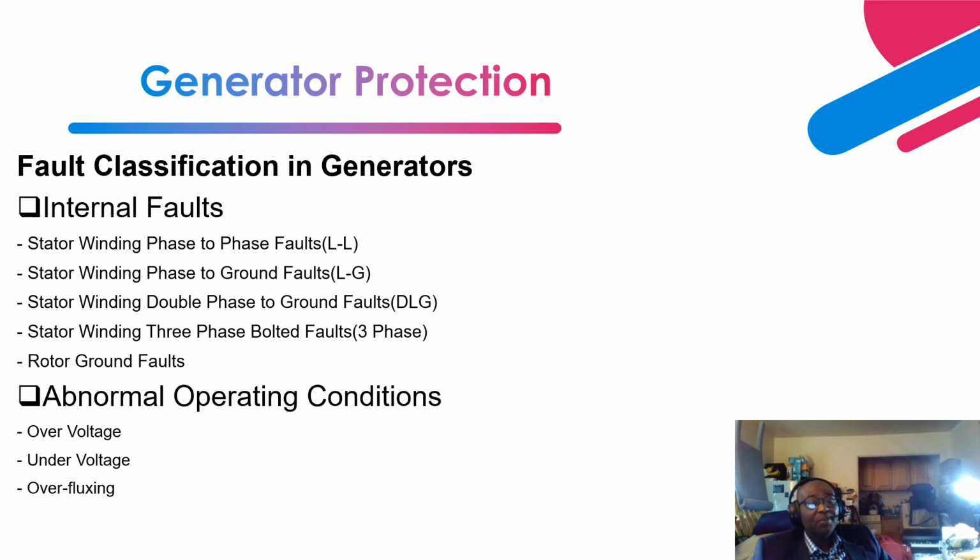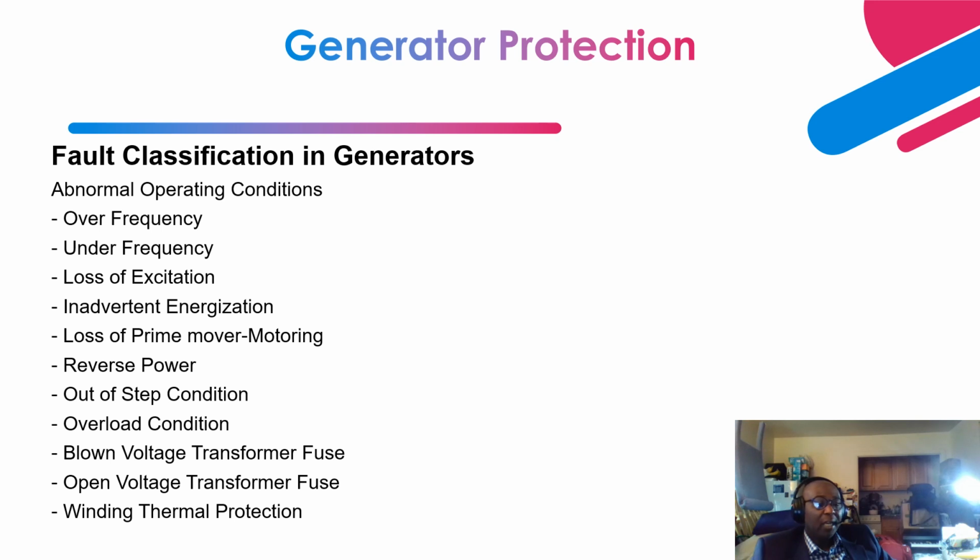This can be attributed to mechanical vibration, environmental conditions, and also external conditions like lightning that can cause those damages. Then we also have abnormal operating conditions: overvoltage, undervoltage, overfluxing, overexcitation, then overfrequency, underfrequency, loss of excitation, and inadvertent energization.